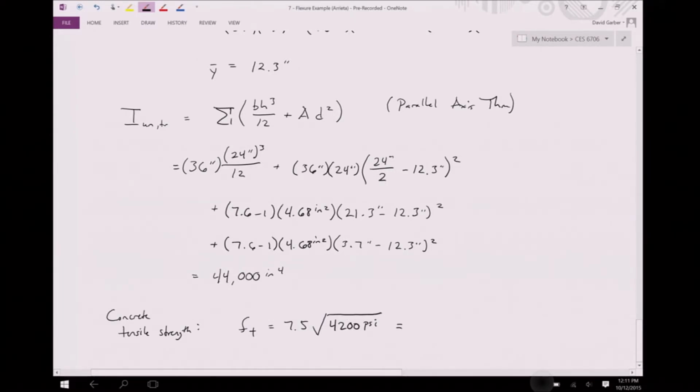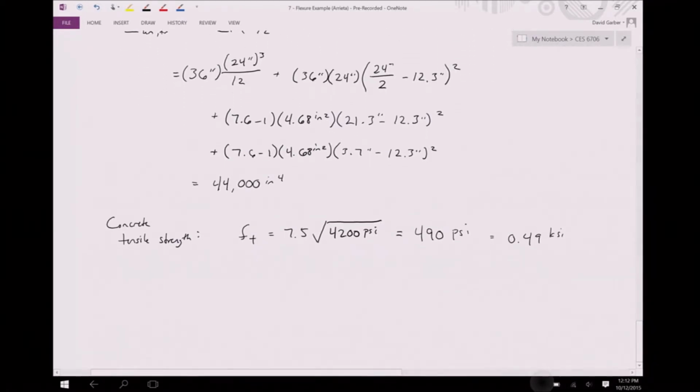And if we do the numbers here, we'll get 490 psi, or 0.49 ksi. So we can use this to find our M cracking. So our M cracking is going to be our ft times our uncracked transformed moment of inertia, over c.